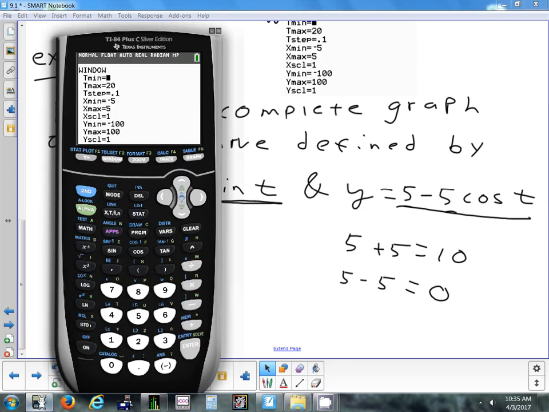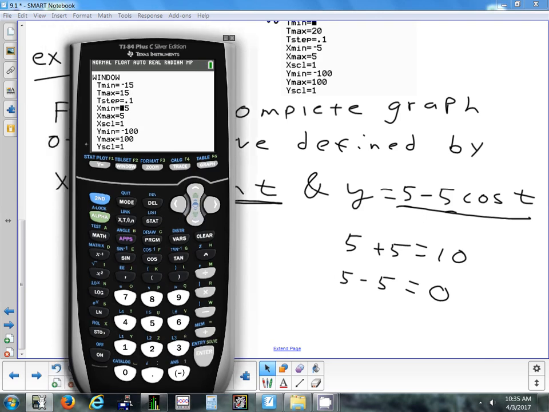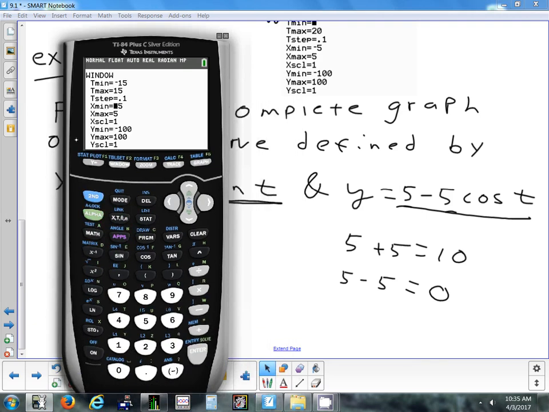So I'm going to type in, I'm going to do t from -15 to 15. They didn't tell me a parameter, so I'm just going to try that, see how it looks. X min. Again, I really don't know how big it's going to get. I'll try -75 to 75. I'm just guessing.